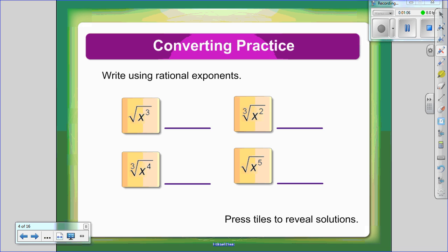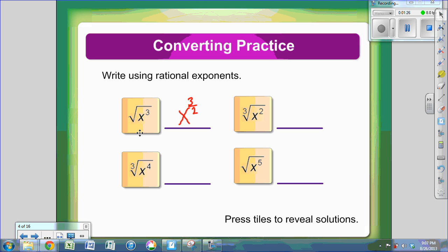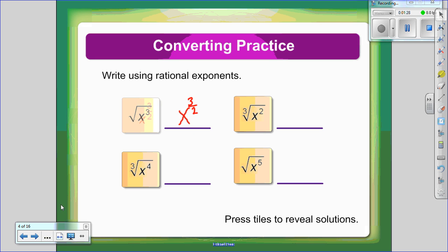So this exponent right here would be x. Since there's nothing here, we know it's a square, and that goes on the bottom. And then inside I have a 3, and so that goes on the top. So I actually have x to the 3/2.